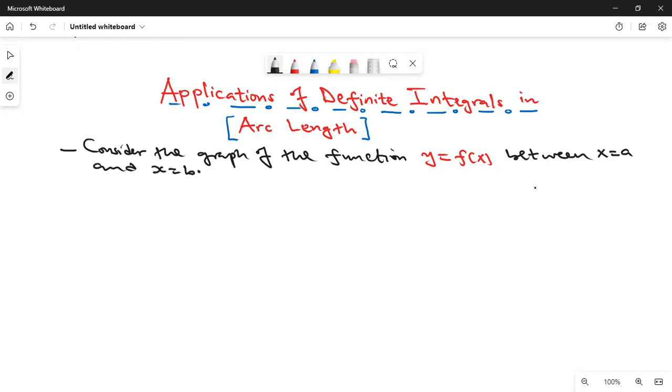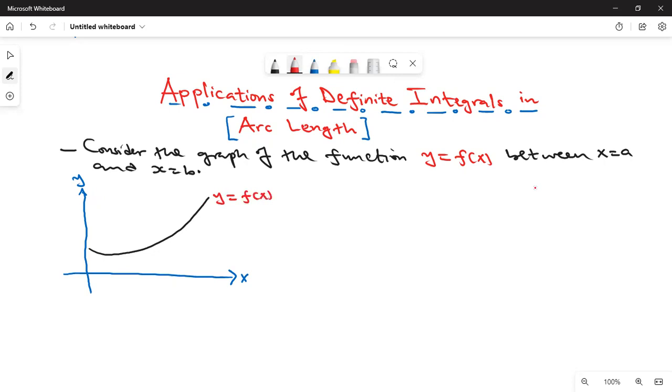I'm going to sketch that graph. Let's say we have something like this, on the y-axis and the x-axis, and our graph is something like this one, y equals f of x.